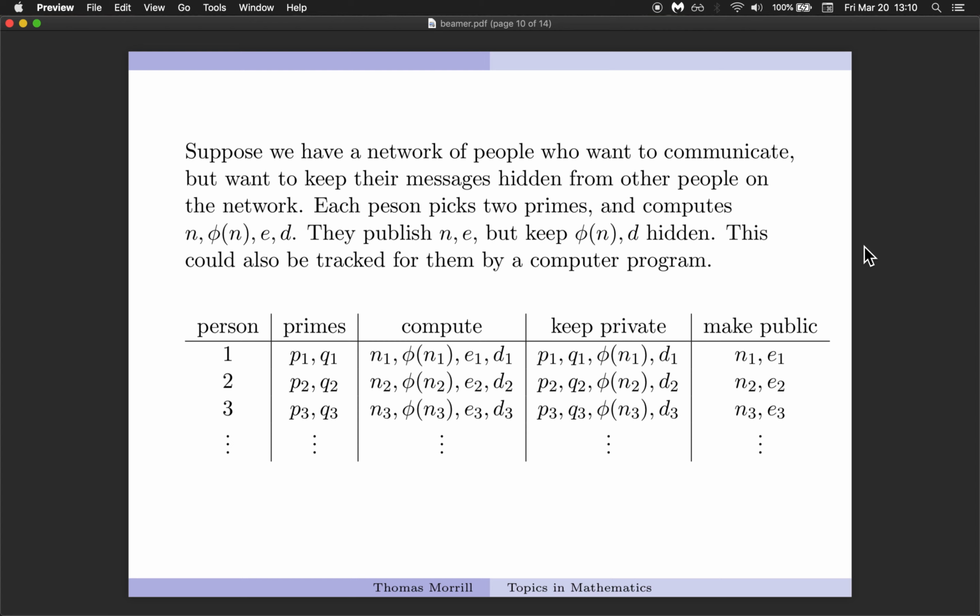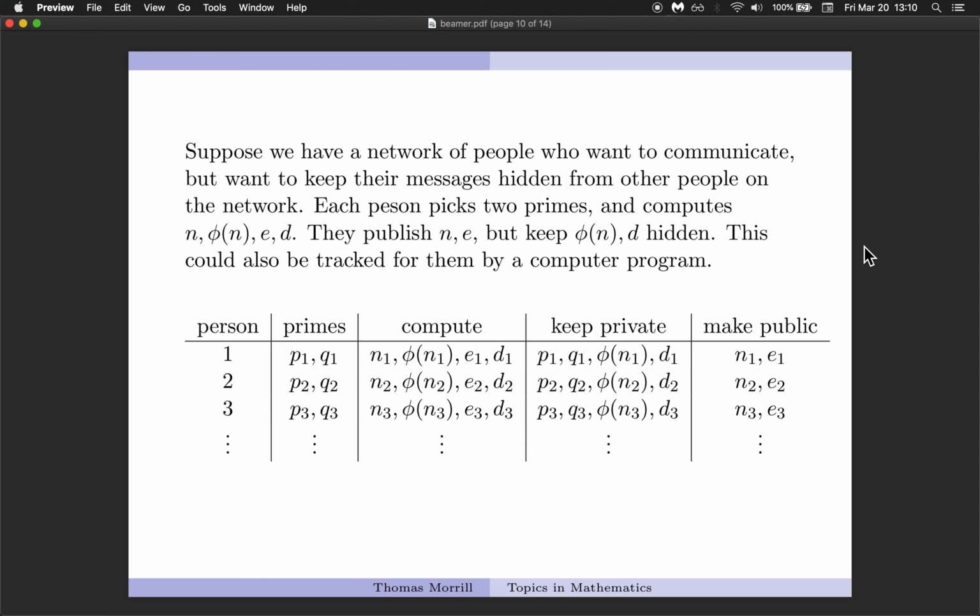So this is exactly the kind of stuff that goes on behind the scenes on any number of modern, popular, end-to-end encrypted chat programs.